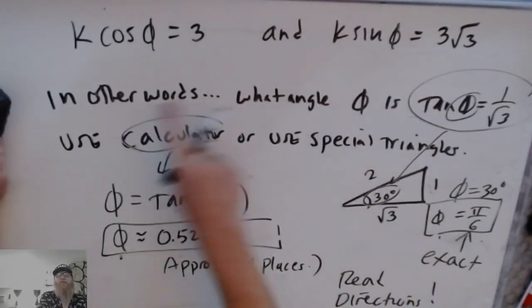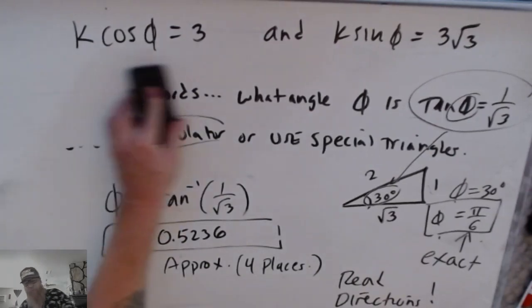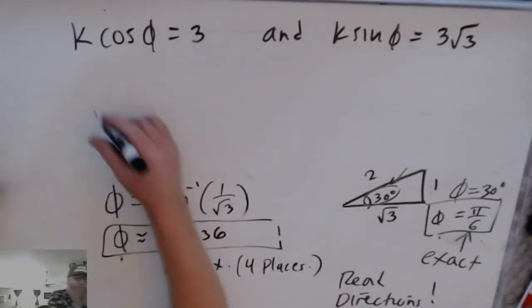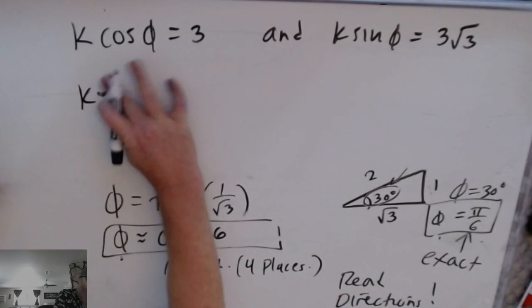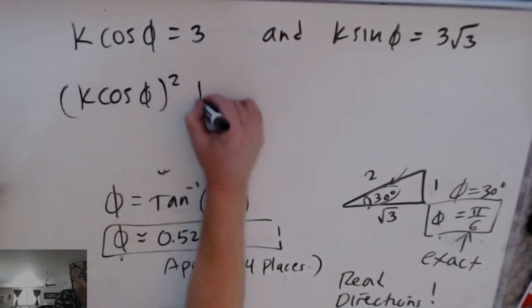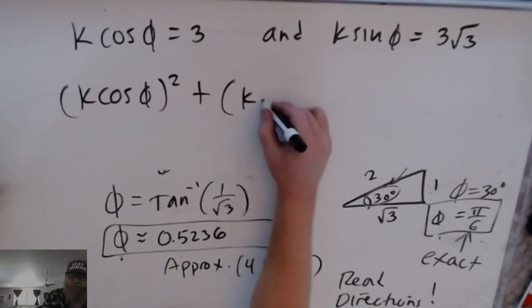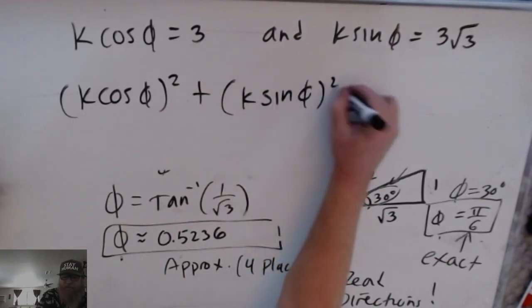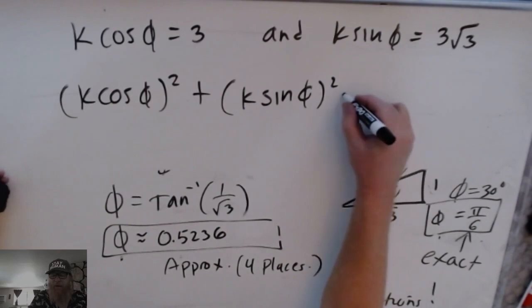So we could solve this by using the Pythagorean identity. We just add them up and square them. Let me say that again. Square them and then add them up.